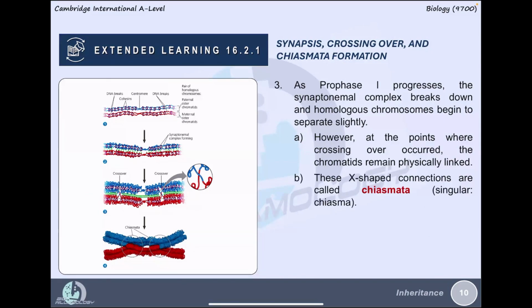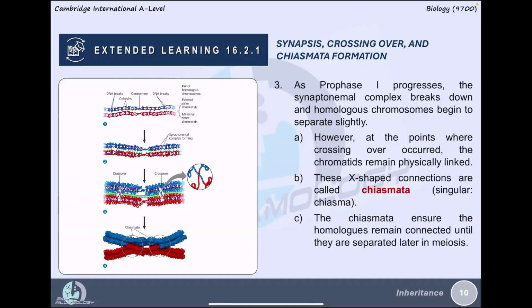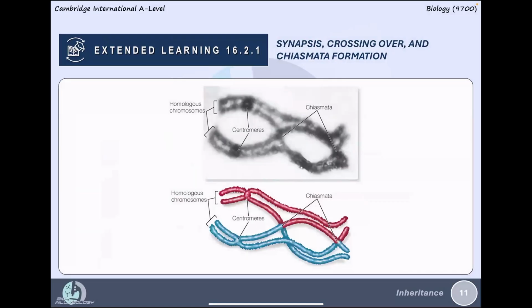These X-shaped connections are known as chiasmata, and the singular is chiasma. The chiasmata ensure that homologous chromosomes remain connected until they are separated later in meiosis, which is anaphase 1. So the diagram shows the formation of the chiasmata, which join two homologous chromosomes together during prophase 1.